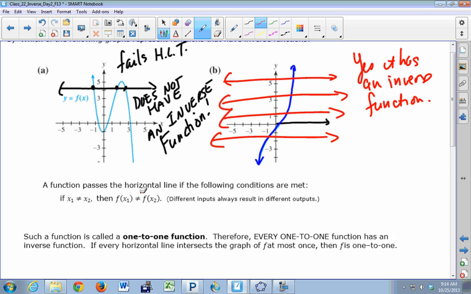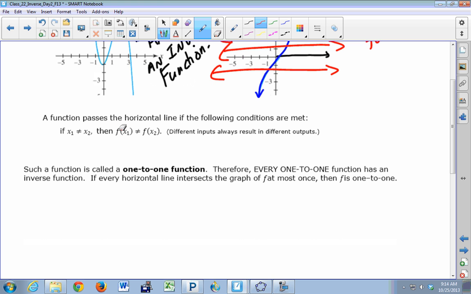You'll never get the same outputs for two different inputs. Whereas when you have a parabola, you can have different x values and wind up with the same y values. So that's why a parabola or this type of polynomial does not pass the horizontal line test. So if you have different inputs, you have different outputs.